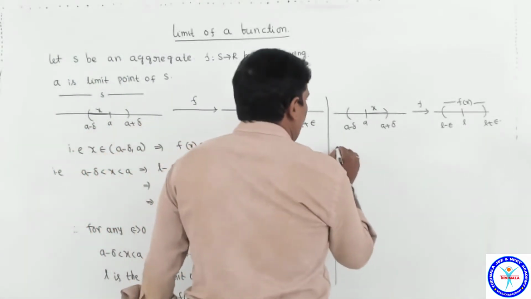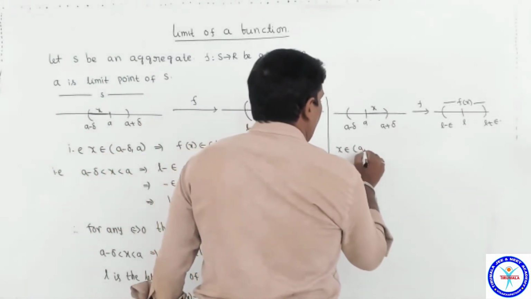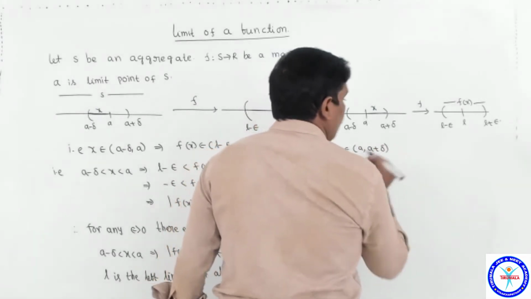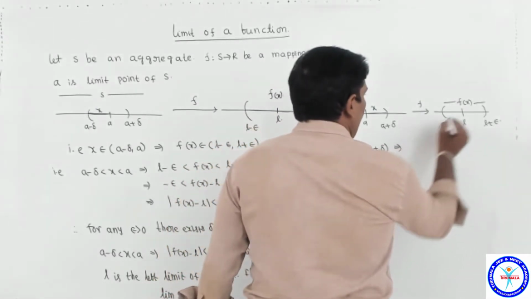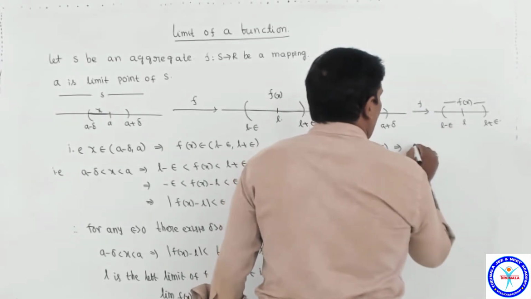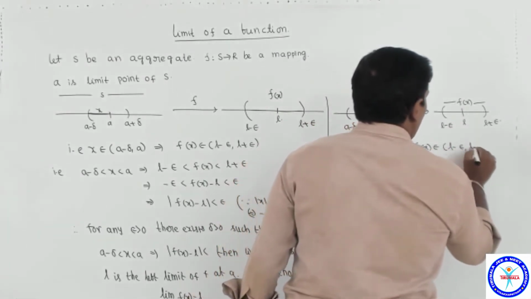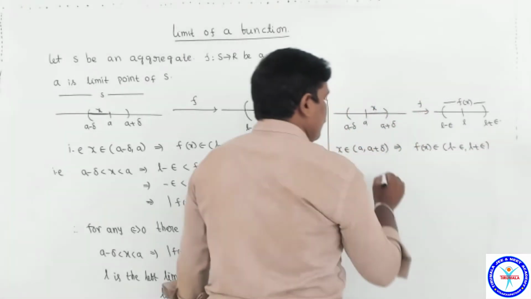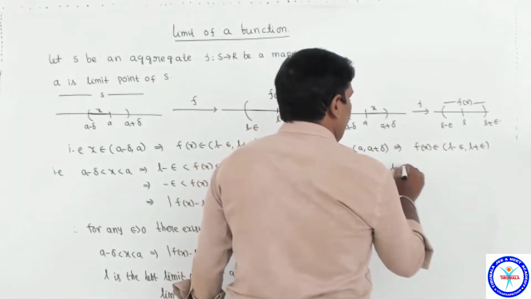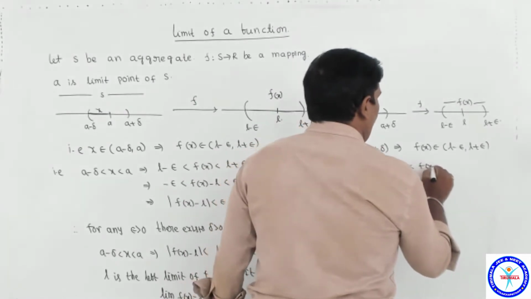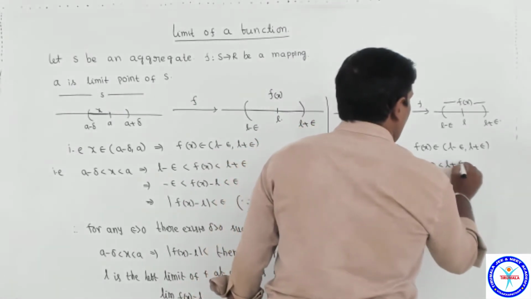So that means x belongs to A comma A plus delta. This implies f of x belongs to L minus epsilon comma L plus epsilon. This implies L minus epsilon less than f of x less than L plus epsilon.